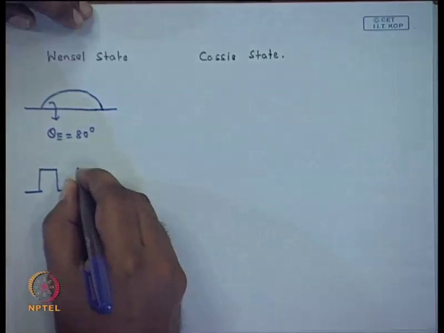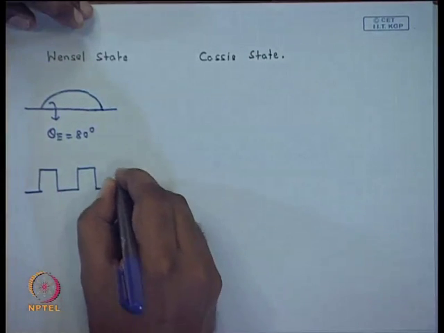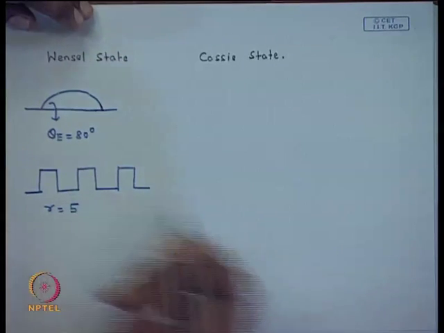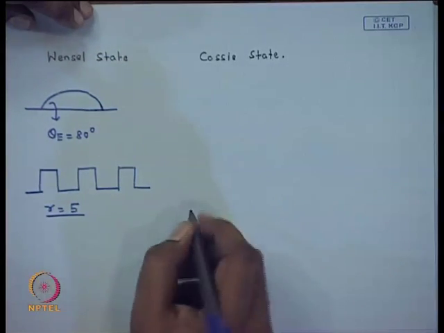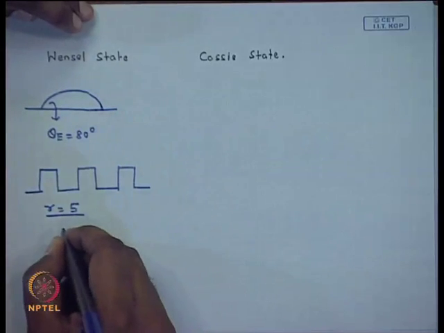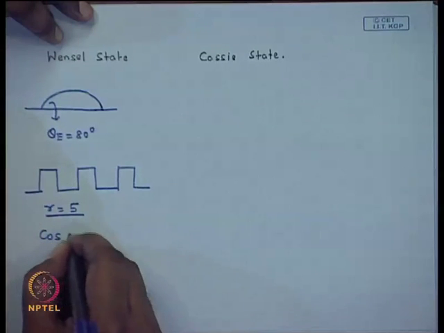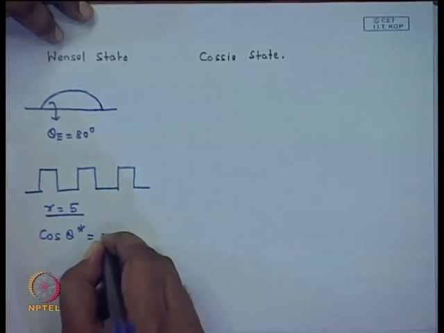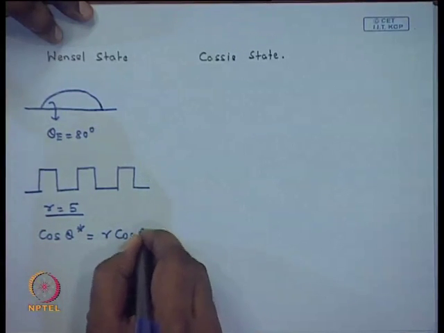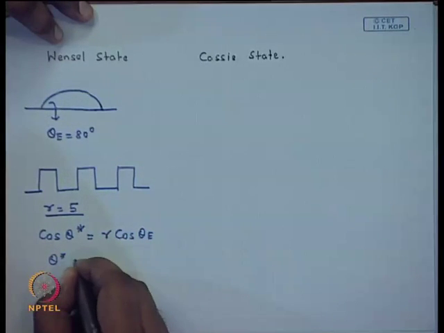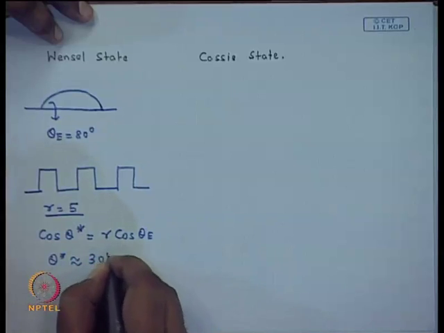Now, if you have a rough or structured surface of the same material where, let us say, r is equal to 5, then based on the formulation for the Wenzel state, cos theta star is equal to r cos theta e, and you can calculate that theta star drops to roughly 30 degrees.